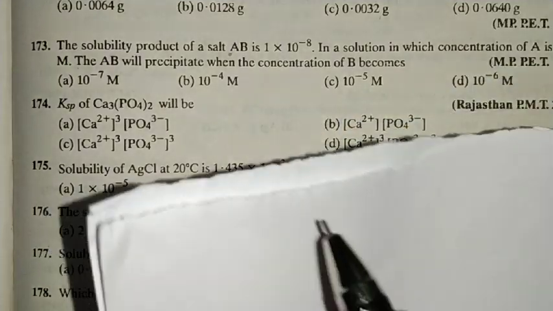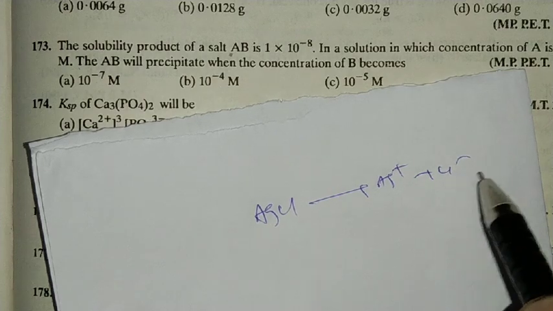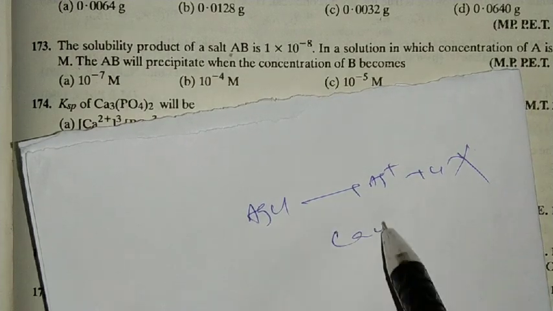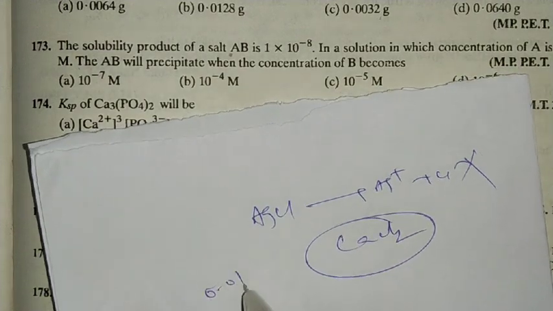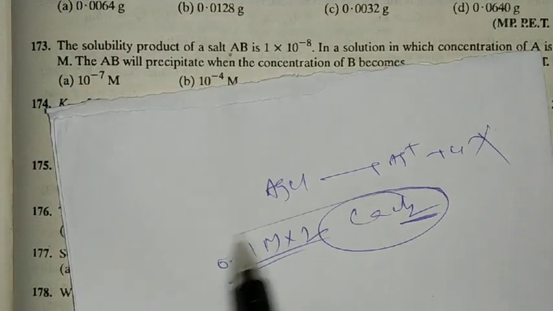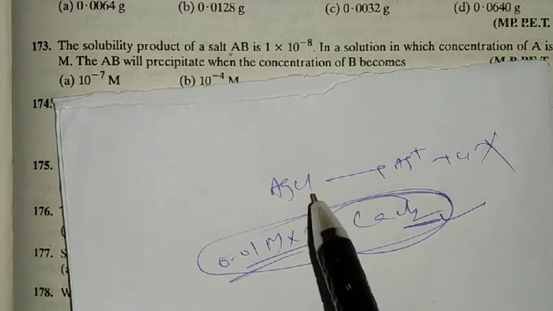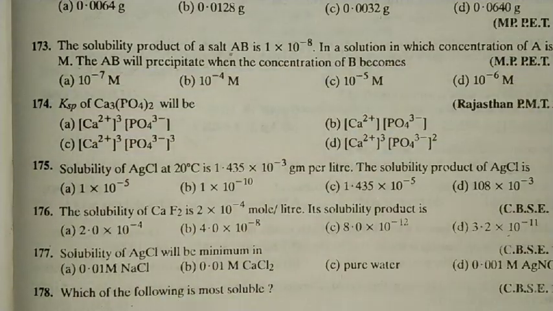That means dissociation of AgCl into Ag⁺ plus Cl⁻ is suppressed by CaCl2, because it contains 0.01 M with 2 moles of Cl. That means more moles suppress the AgCl dissociation. That is why minimum in the case of B.